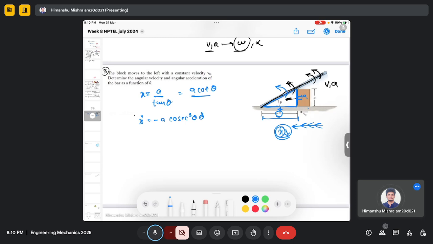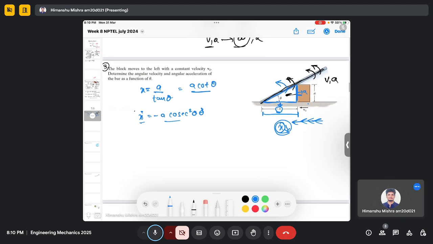So this x dot will be minus a cosec square theta multiplied by theta dot, and we know that omega is theta dot here. You can see this v naught is in the left direction. So this is my x, this is minus x, this is y, this is minus y. So v naught is toward minus x, and this x dot is minus v naught.